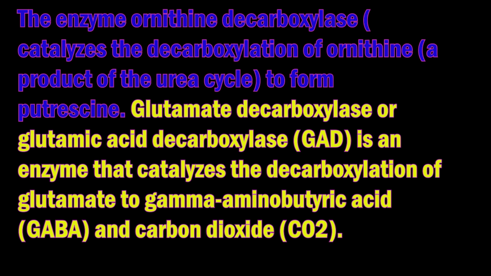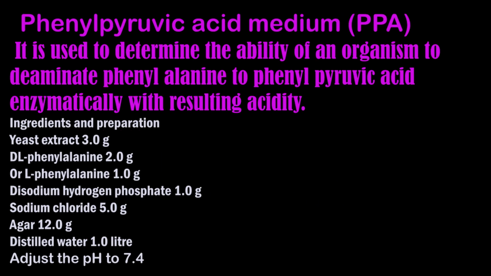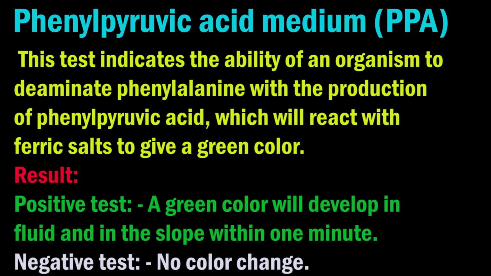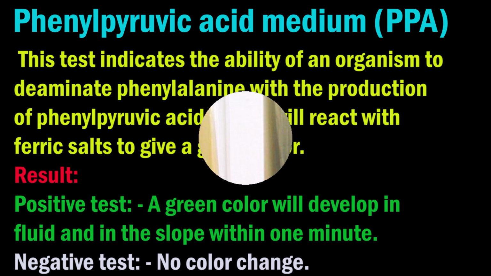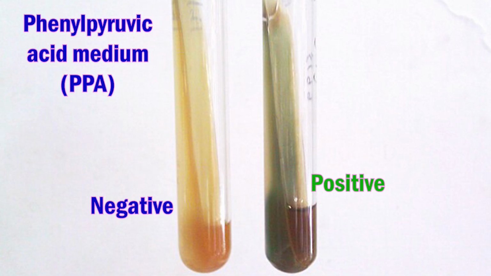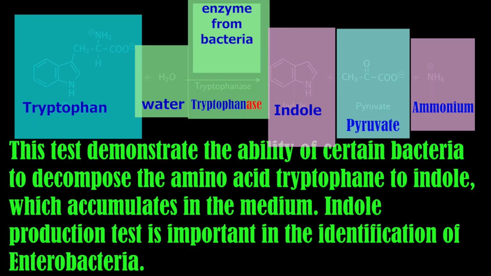Decarboxylases cleave the carboxyl group from the amino acid to form amines. Deamination of the amino acid phenylalanine occurs in air. The presence of the end product phenylpyruvic acid is detected by the addition of 10% ferric chloride that results in development of a green color.